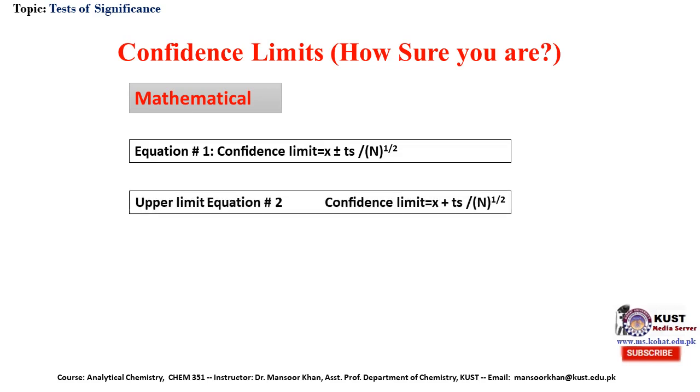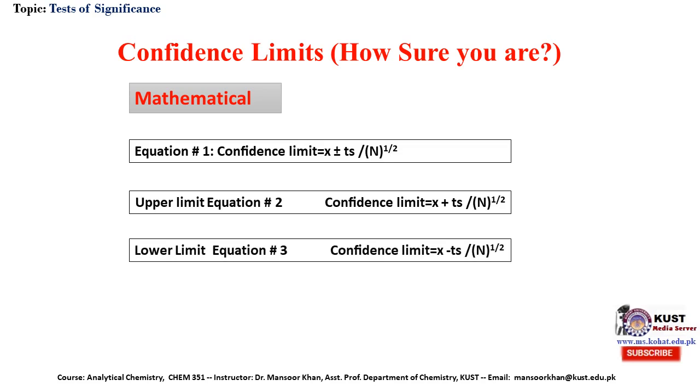For the upper limit we have equation 2: x plus ts divided by square root of n. For the lower limit we have equation 3: x minus ts divided by square root of n. So equation 1 is used for generalized confidence limits, equation 2 for the upper limit, and equation 3 for the lower limit.